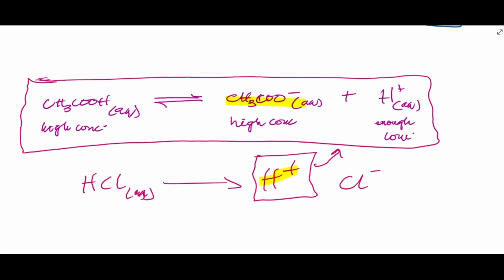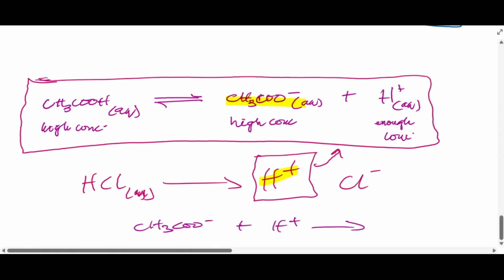Some of the ethanoate ion that we have in the solution will react with the extra hydrogen ion that we add to the solution. So something like this will happen. CH3COO minus plus H plus. This reaction will happen.